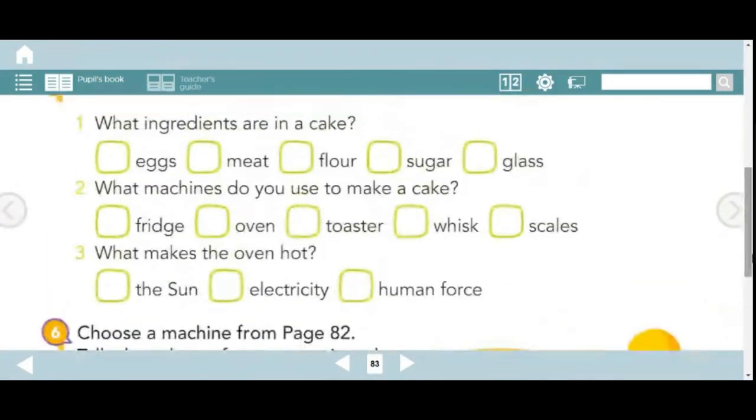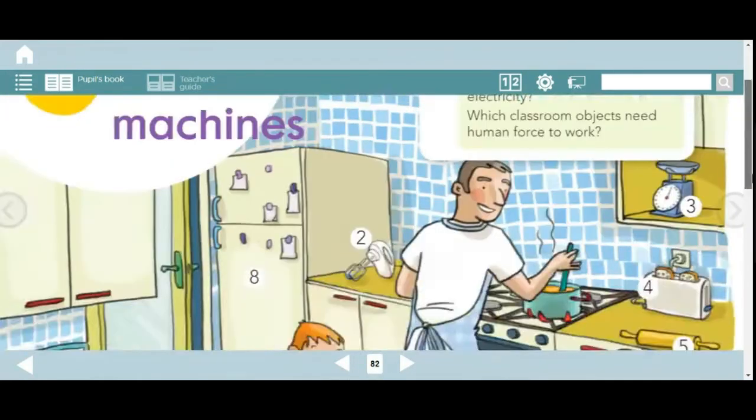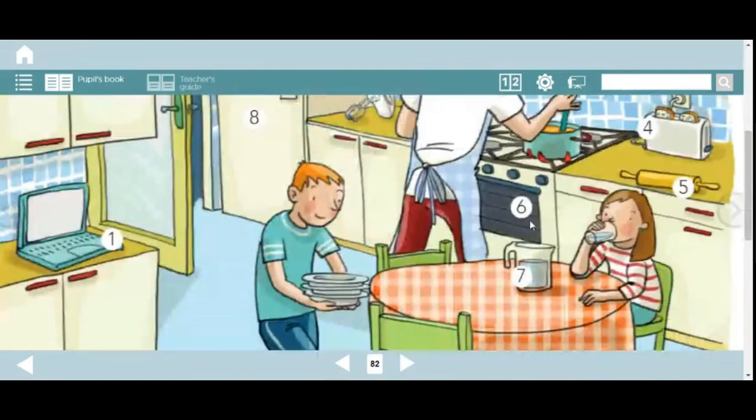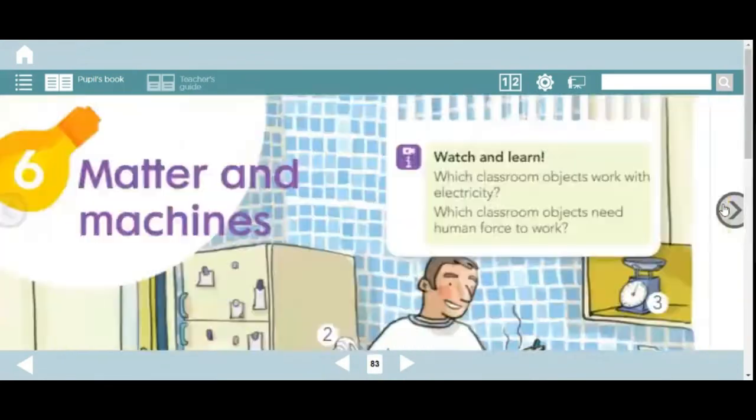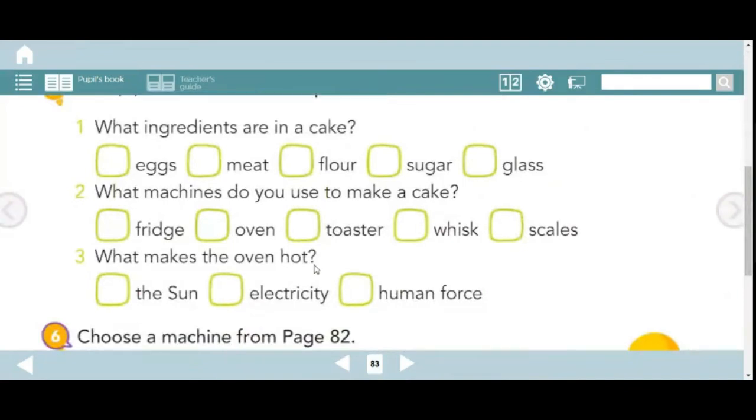And the third question is, what makes the oven hot? This is the oven. The oven is number 6. What do you think makes the oven hot? Do you think that the sun heats the oven? If you think that the sun heats the oven, tick.